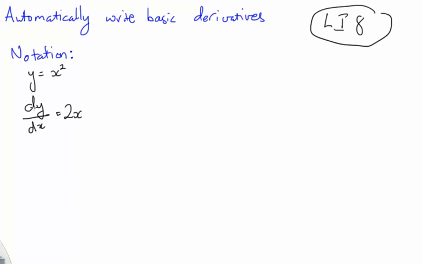So if you ever meet someone who's really old school, they might say this as dy by dx, but these days people say dy dx. So if y equals x squared, dy dx equals 2x. But there's also functional notation. So you can have f of x equals x squared, and the derivative is noted f dash of x, and that's going to equal 2x.